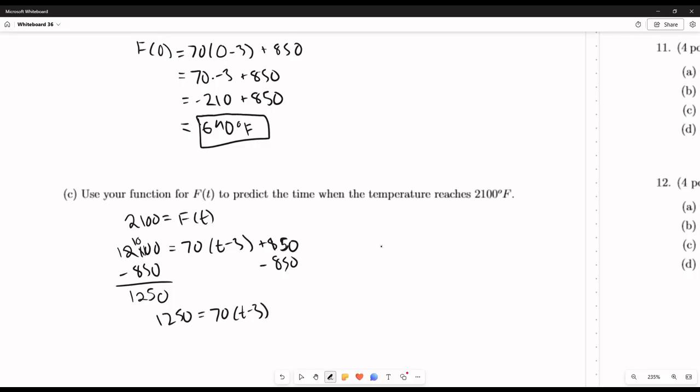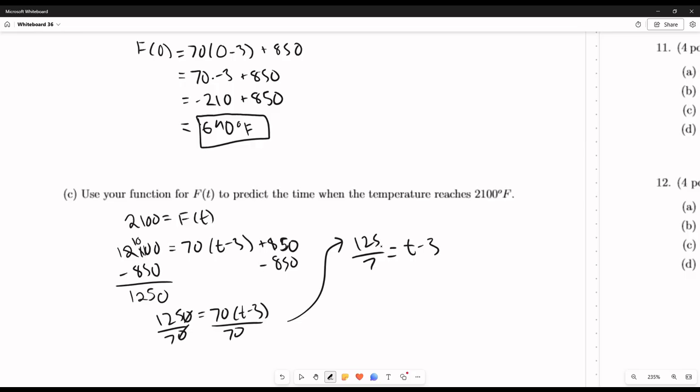Now I need to do 1250 divided by 70. That's going to be the same as 125 divided by 7. I'm going to divide both sides by 70. That will get me something like 125 over 7 equals t minus 3. I just canceled out some zeros.